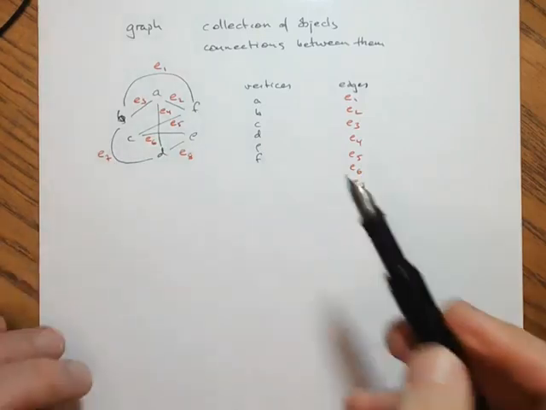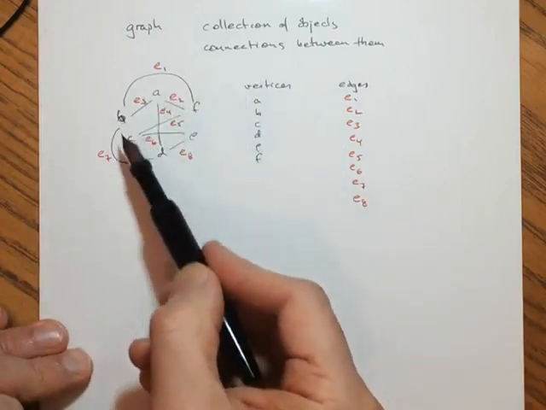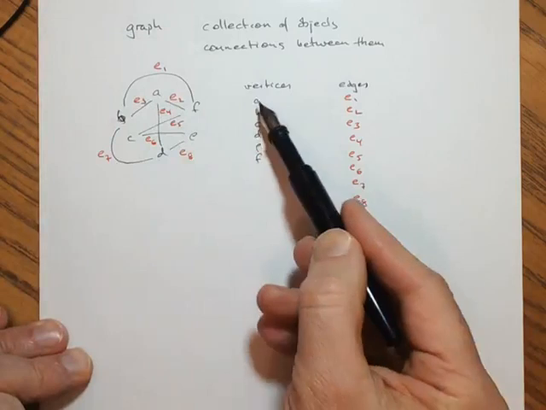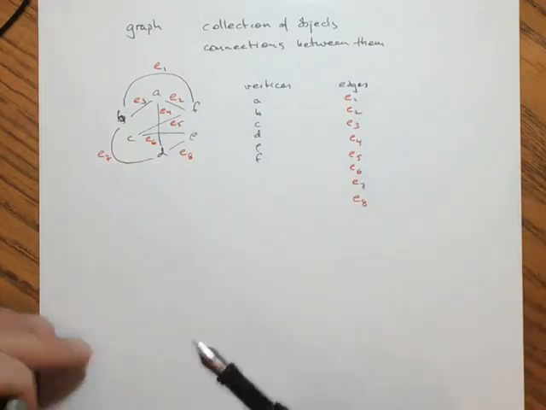So this graph, which is just a collection of the things A, B, C, D, E and F, has vertices A, B, C, D, E and F, and the edges E1 through E8.